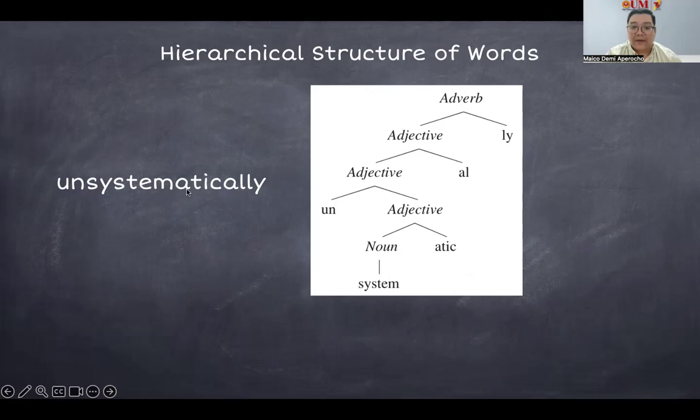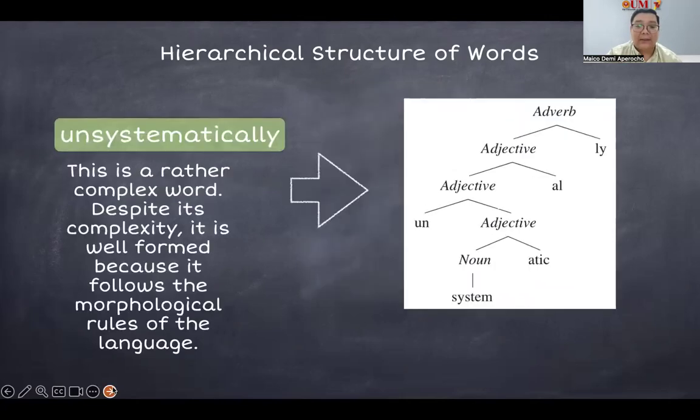Now we parse out system being the base, because of course we cannot parse it further by saying "syst" or "tem." That's definitely grammatically incorrect. So we parse out the suffix "atic," and we have the word system. System here now is the ultimate word that we are looking for. That is for the word unsystematically. Now, this is rather a complex word.